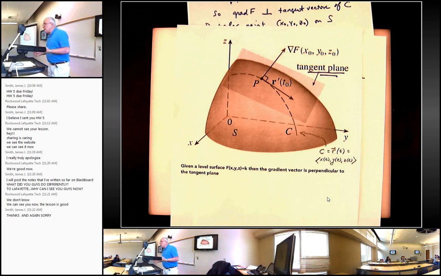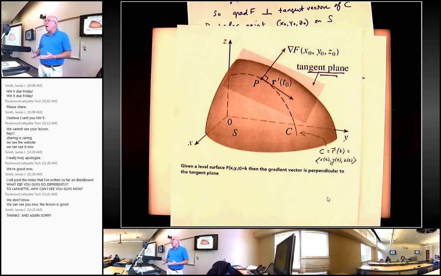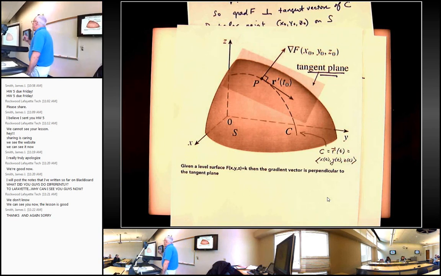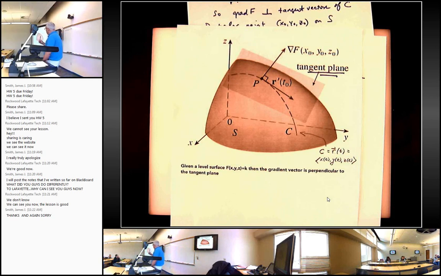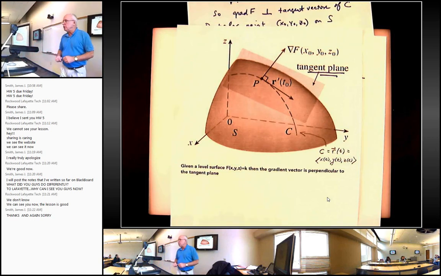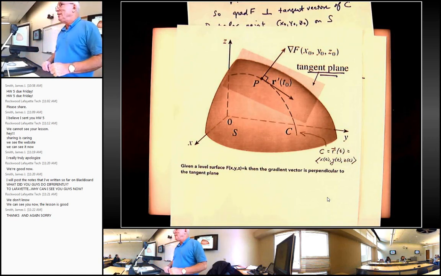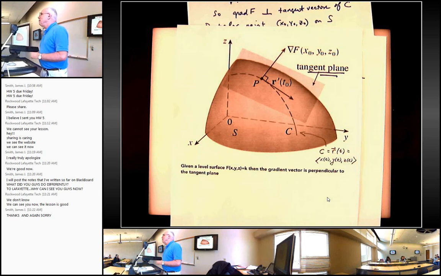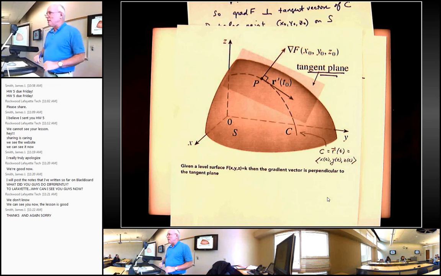So as a result, because we now have a perpendicular vector to a plane, what does that mean as far as being able to get the equation of that particular plane? The gradient is the perpendicular vector, or the normal vector. Does anybody remember the formula involved with a normal vector and the equation of a plane from the last test?